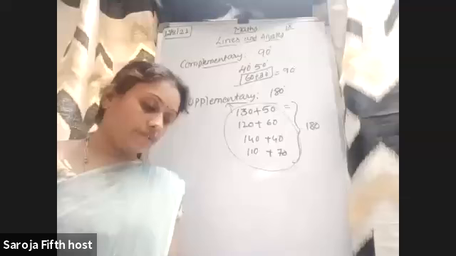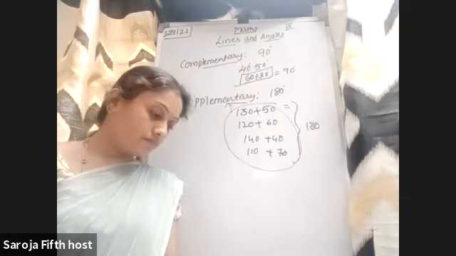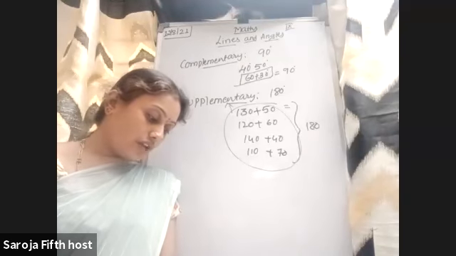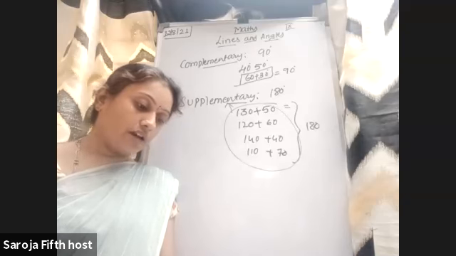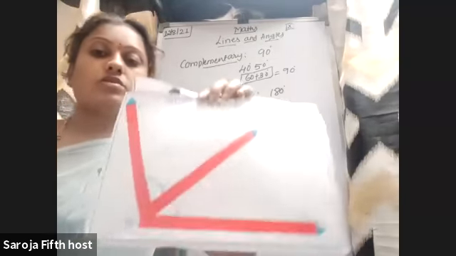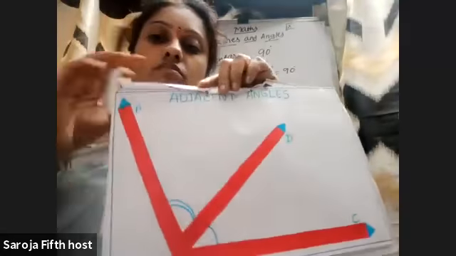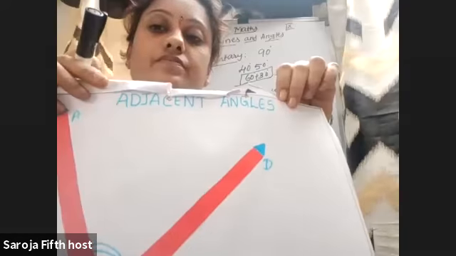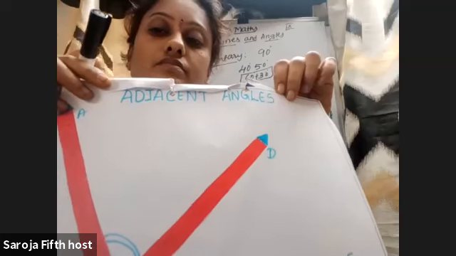Next, coming to some more types of angles which we use more in this chapter, so we are going to learn them now. Can you see this? Name of this angle? Adjacent angles.